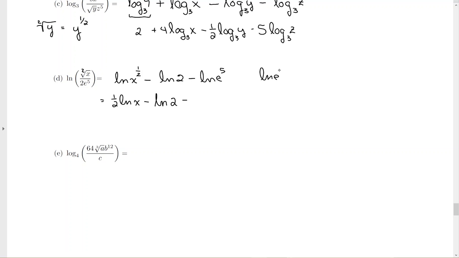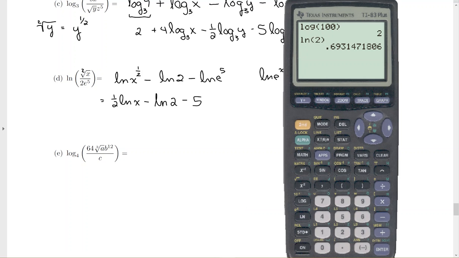Natural log of e to the x, we said was just x. So natural log of e to the 5th is just 5. If you've forgotten that property, again, you could check it out with your calculator. Natural log of e to the 5th, I just got to watch my parentheses here, comes up 5.